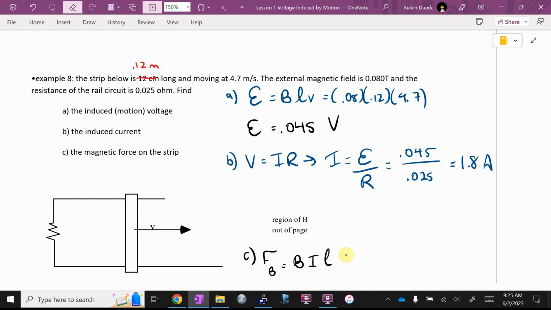So it's going to be the magnetic field, which was 0.08, I, which was 1.8, L, which was 0.12, 0.017 newtons. It's a force.